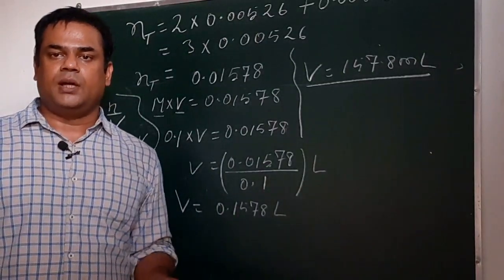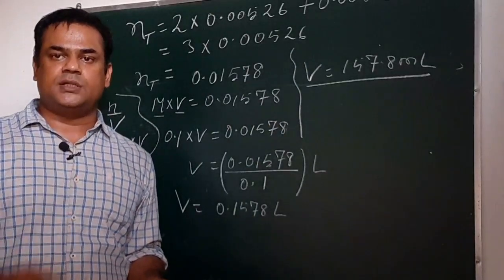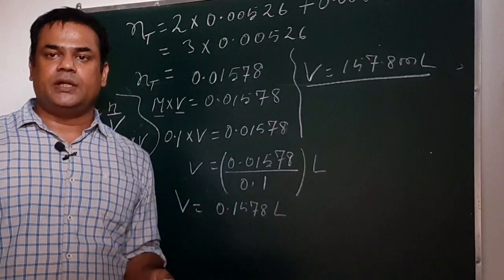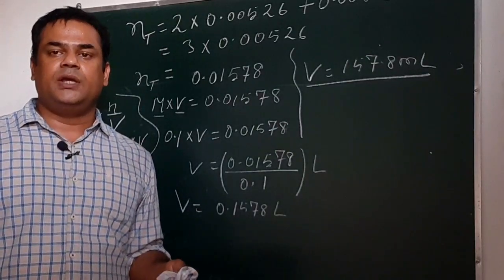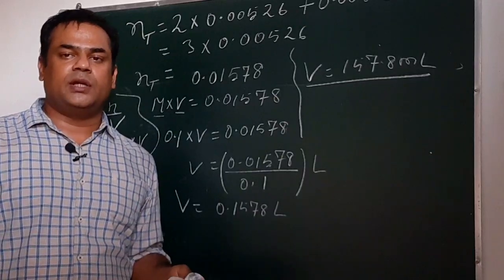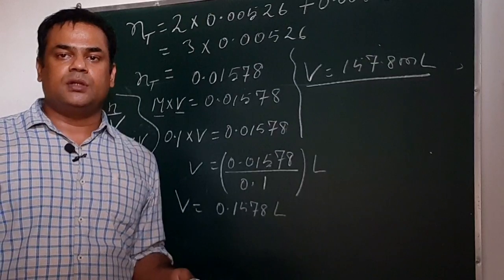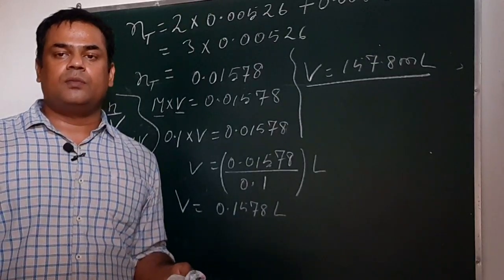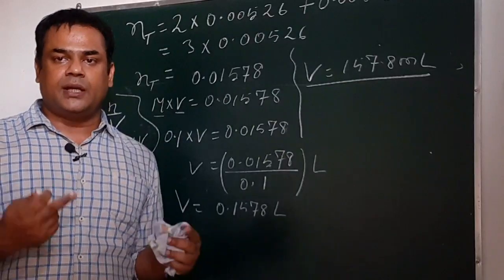So this reaction is completed in 3 steps. In the first step, we have calculated the amount of sodium carbonate and sodium bicarbonate. Then we have determined the moles of sodium carbonate and bicarbonate. Then with the help of the balanced chemical equation, we have calculated the number of moles of HCl required to neutralize sodium carbonate and bicarbonate.